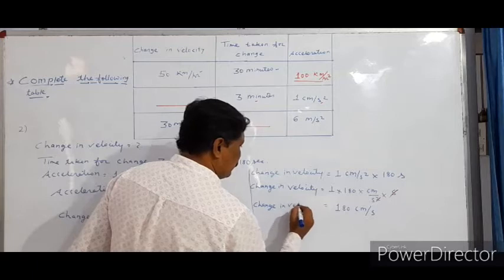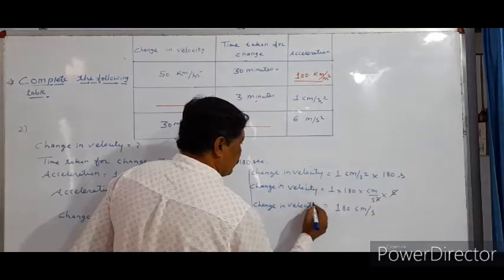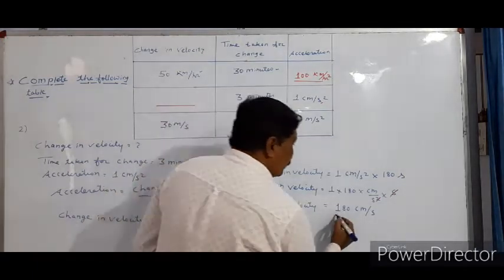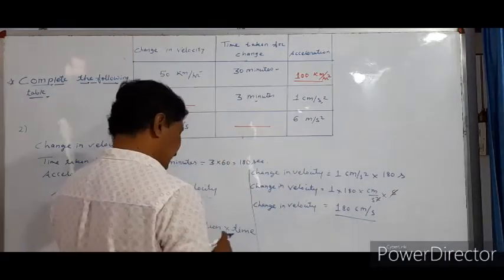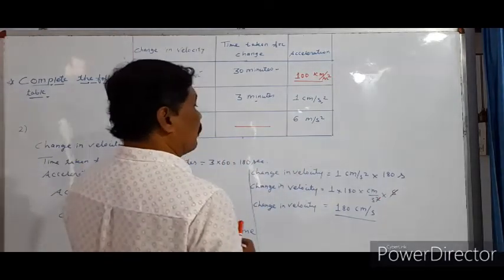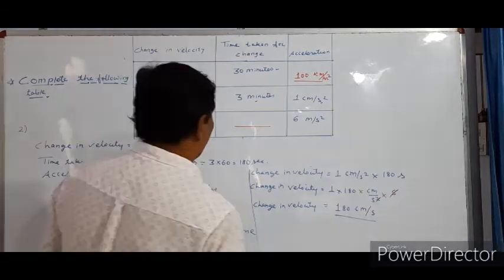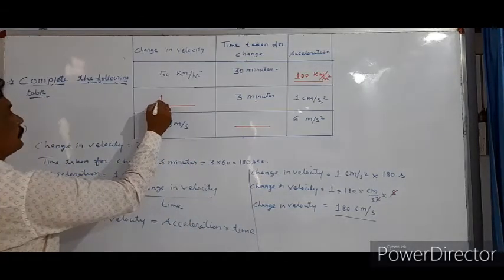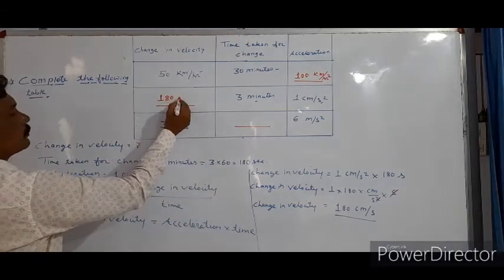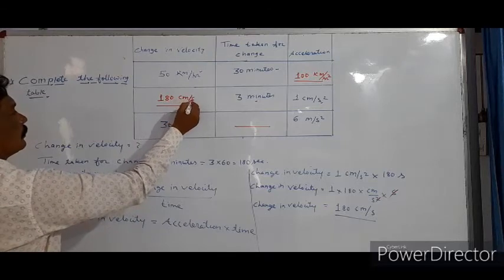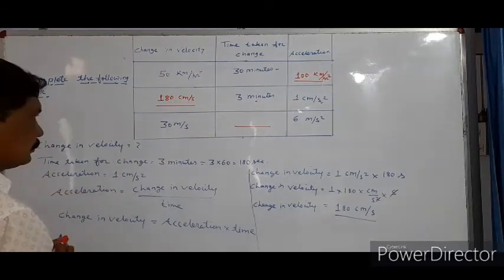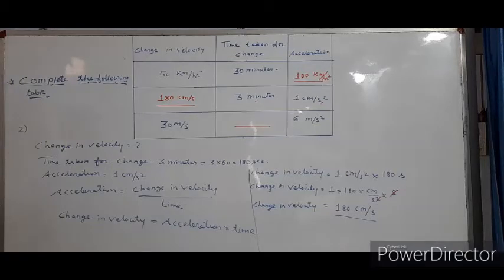Change in velocity is equal to 180 centimeter per second. We'll see the third example.